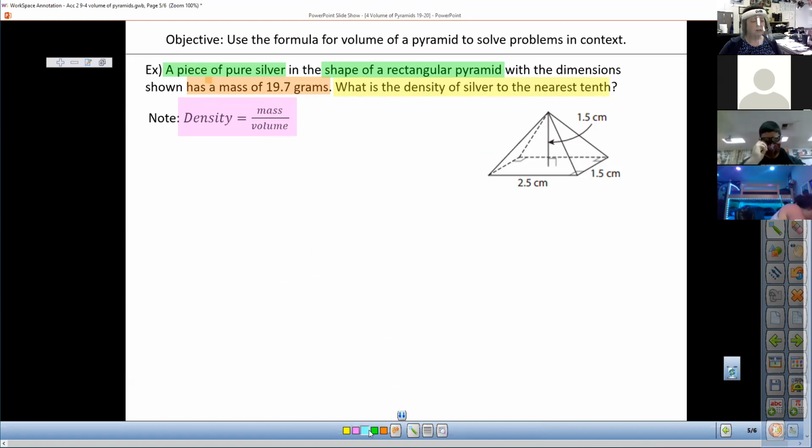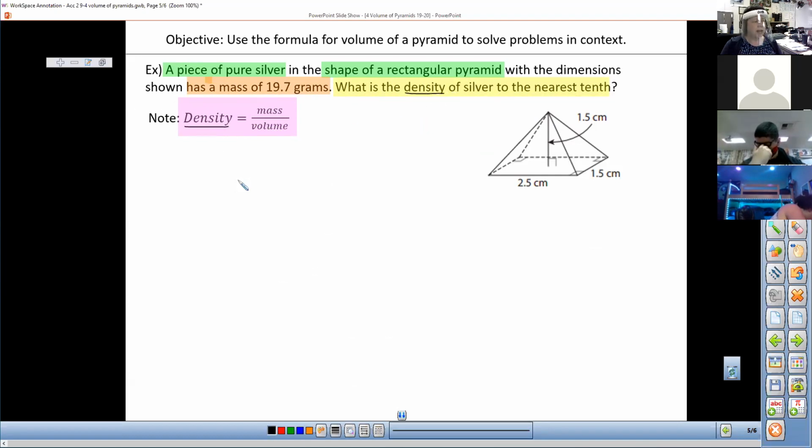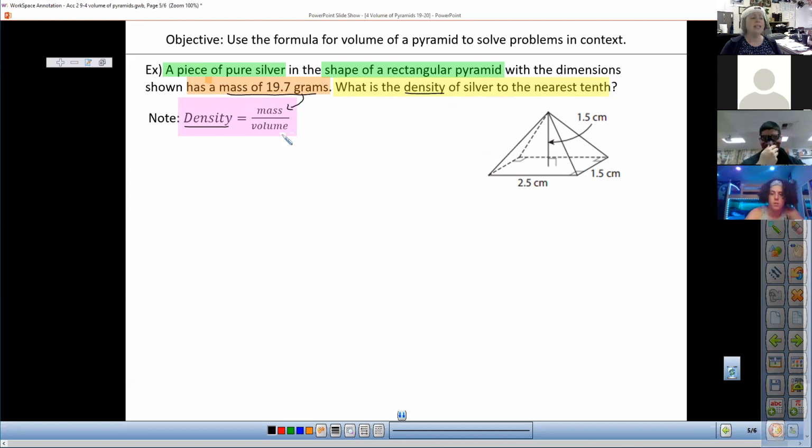So here's where we have to realize, okay, we're trying to find density. So that's what we want to know when we're all done. We know the mass. That's our 19.7 grams. What we need before we can figure out density then is volume. So here's where we use what we're learning about calculating volume of pyramids to help us solve the problem. So that's the first thing we're going to do, find the volume of the pyramid.